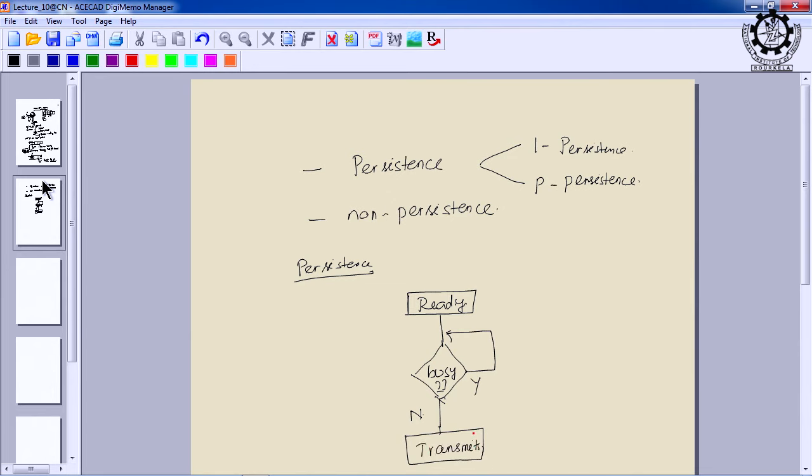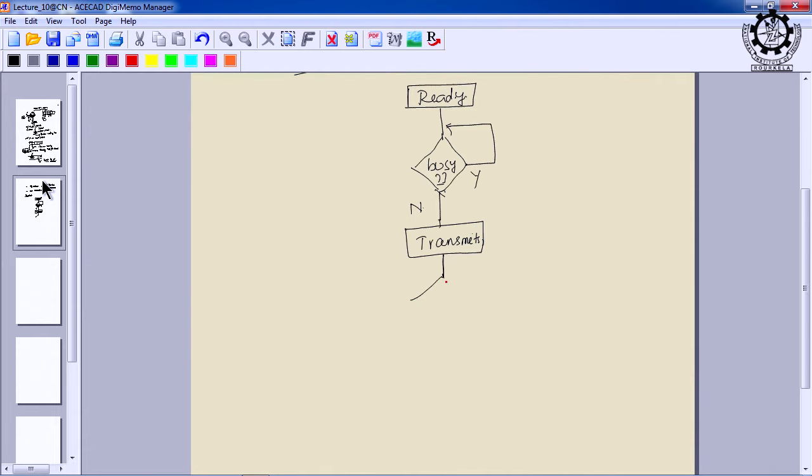Now, during the transmission it may happen that a collision occurs. How this collision occurs, we will see. Why this collision? After sensing the carrier also, how do you say that there is a collision? So, it finds the channel idle, and now it is transmitting. Now, during the transmission, if there occurs a collision, yes, or if no, then you have a successful transmission.